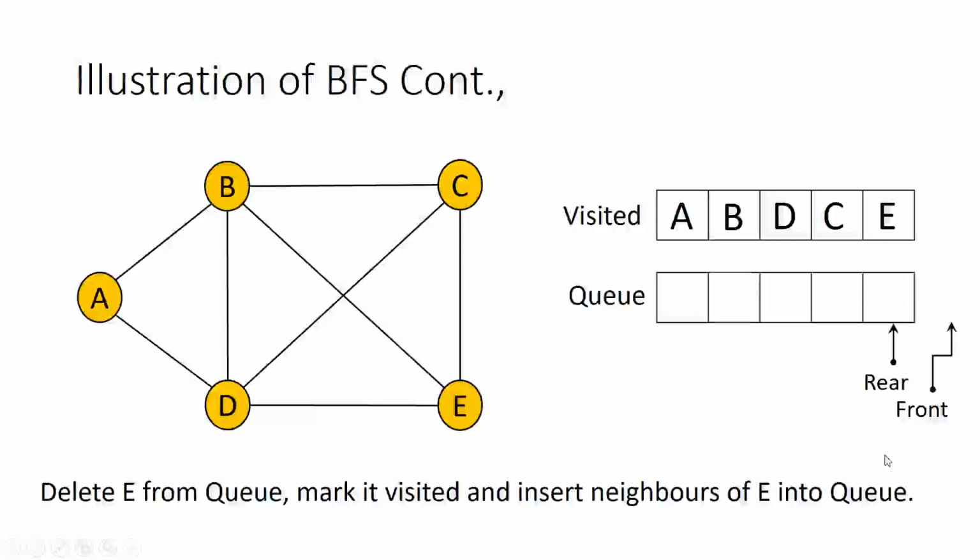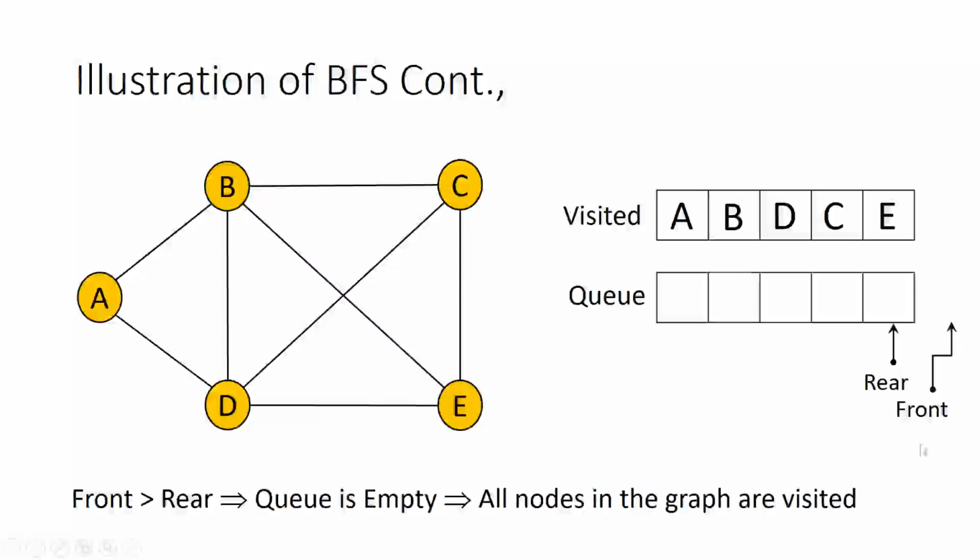Front is greater than rear, which indicates that the queue is empty. When the queue is empty, it indicates that all nodes in the graph are visited. So the BFS of this particular graph is A, B, D, C, E.